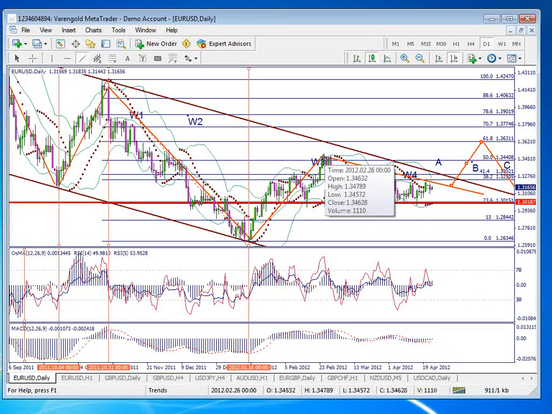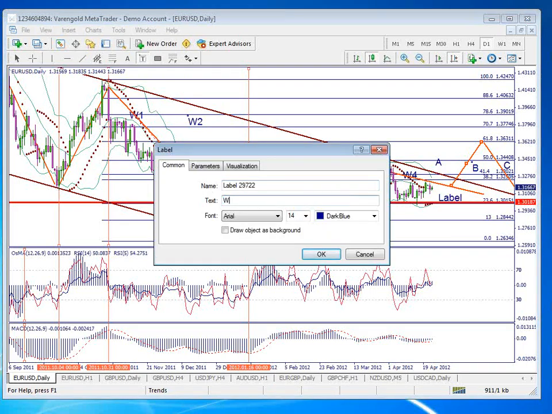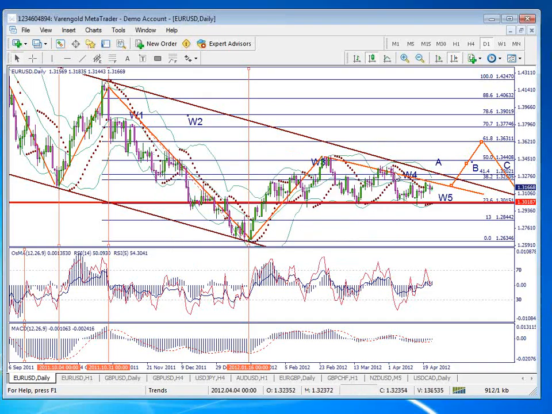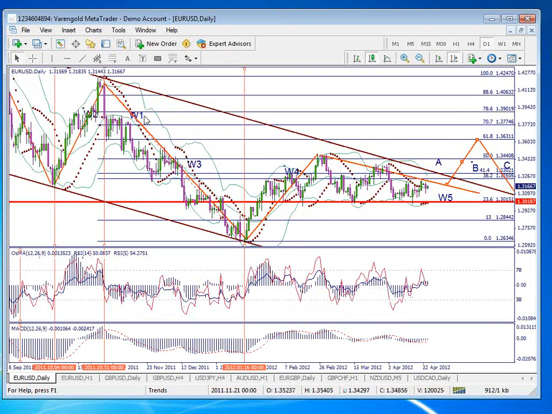And something in this direction, wave 5. And the ABC move that we have there.